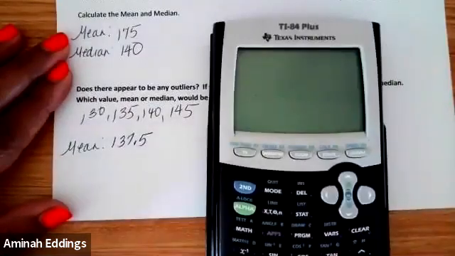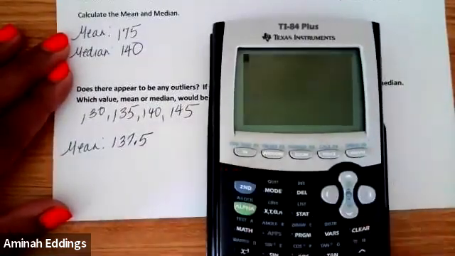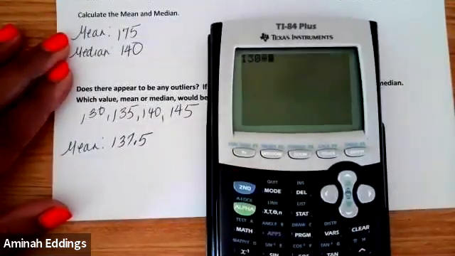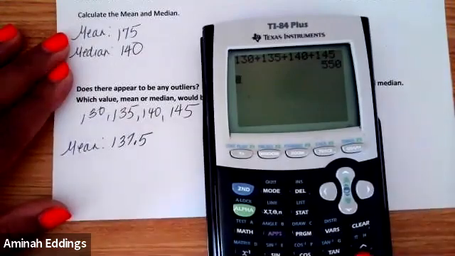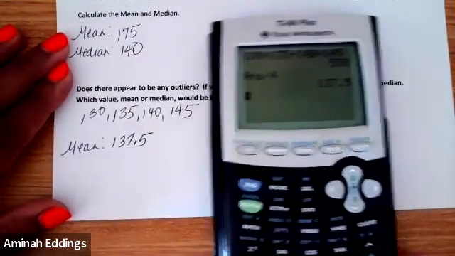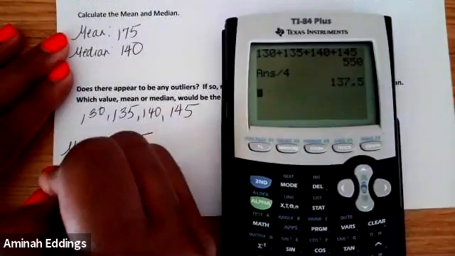So we added up all those numbers, 130 plus 135 plus 140 plus 145. And we have 4 numbers, so we divide by 4. We get 137.5.